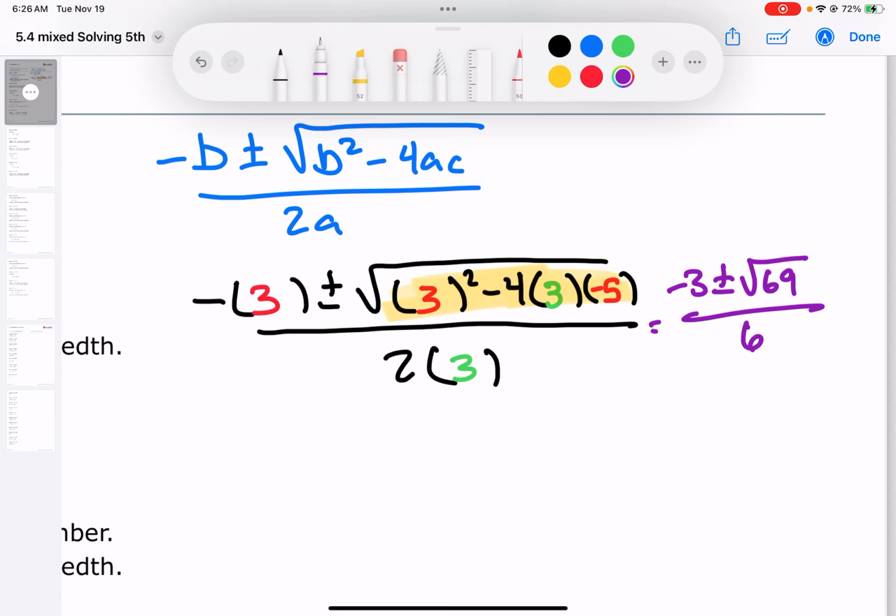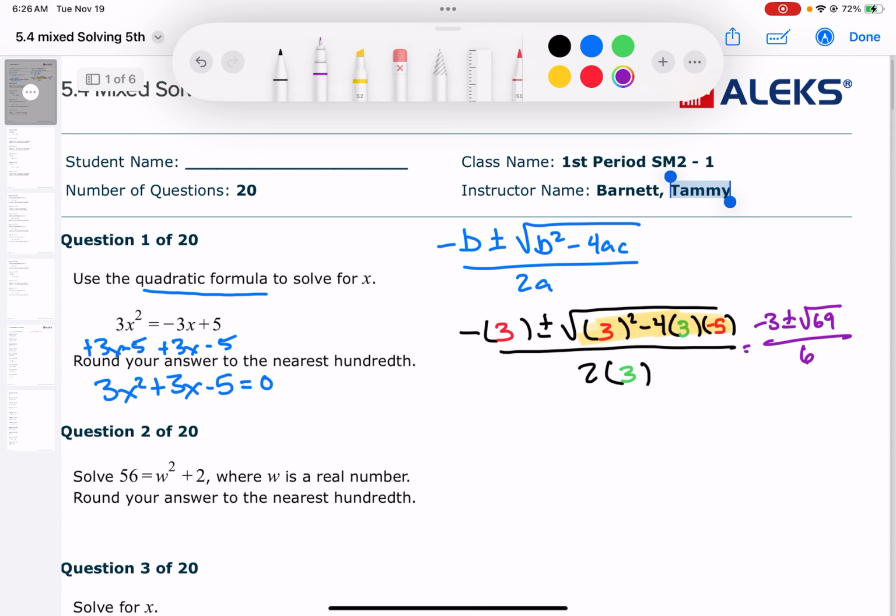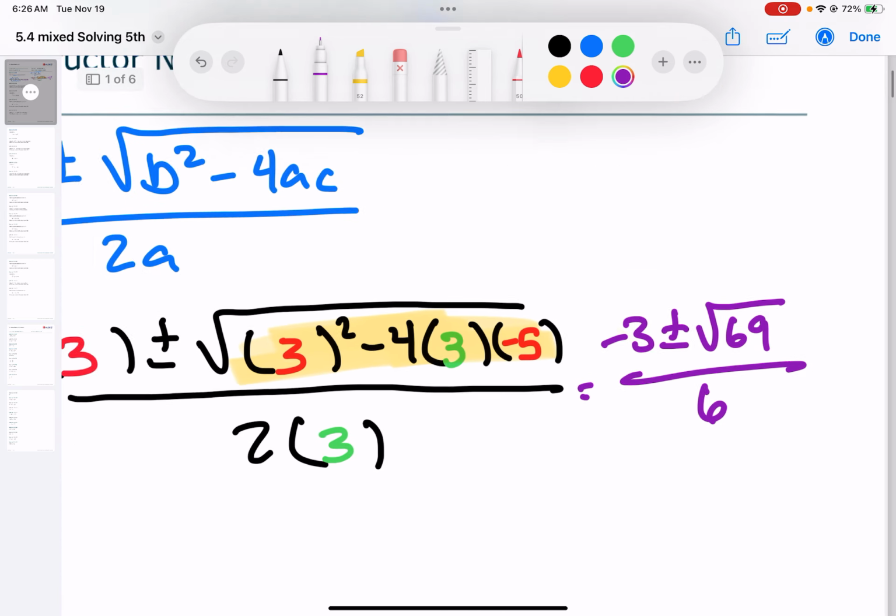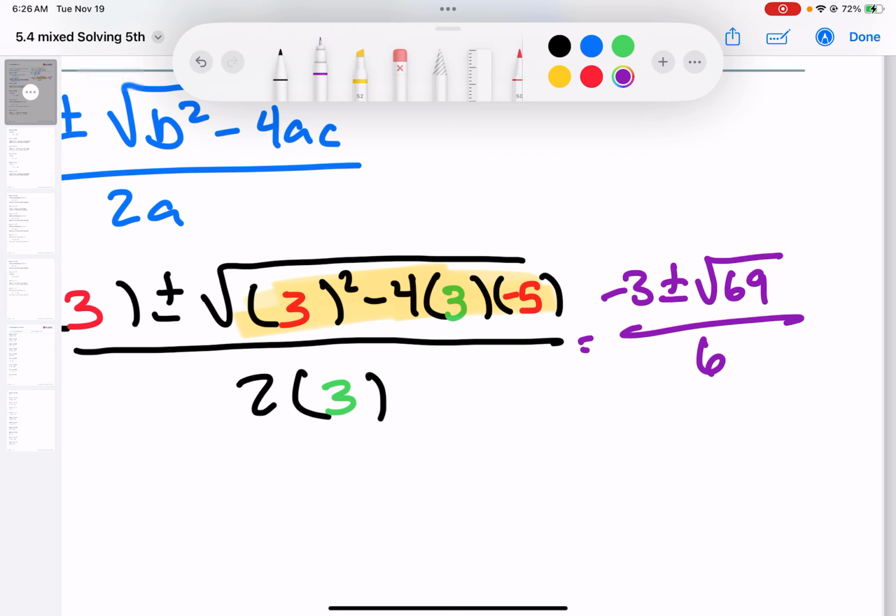Now it does want this in decimal form, rounded to the nearest hundredth, so I'm just going to put this into my calculator. I'm going to go negative 3, then plus, and the square root of 69.